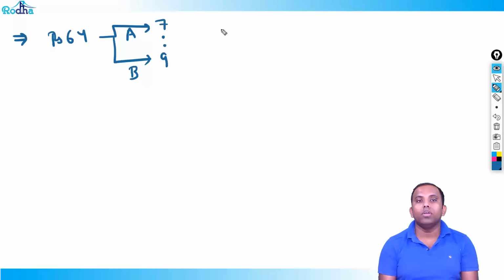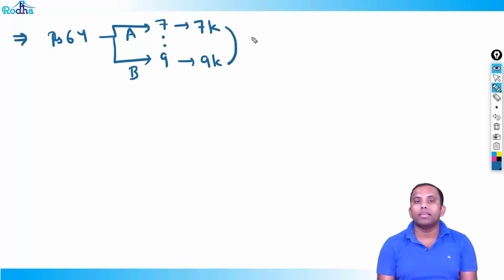So what do I do now? Because a ratio increases in the same multiple, that means if A is getting 7 parts and B is getting 9 parts, this is the ratio. So A will be getting a multiple of 7, that is 7k, and B will be getting a multiple of 9, that is 9k. This is the meaning of it, right?